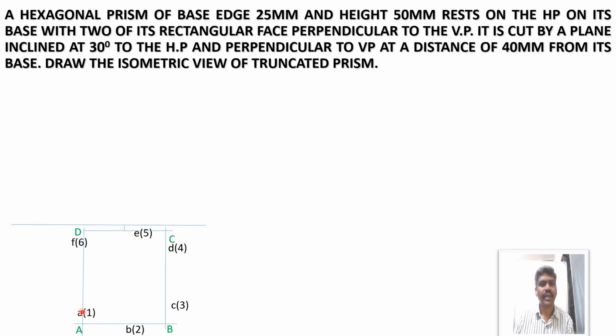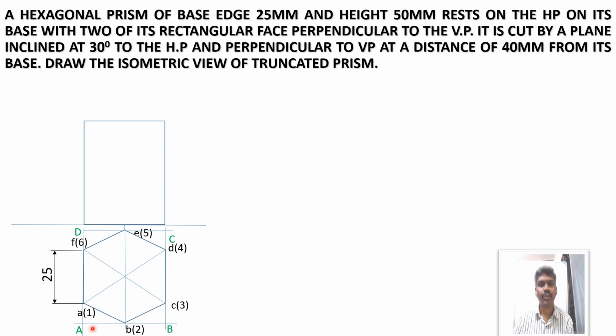Then you mark all 6 hexagonal corner points in the true shape. Then you draw the dimensions as per base edge dimensions 25 mm. Kindly mention the dimensions. Then you find the center point. Then you project the front view.